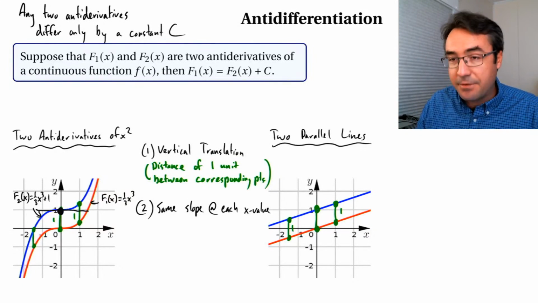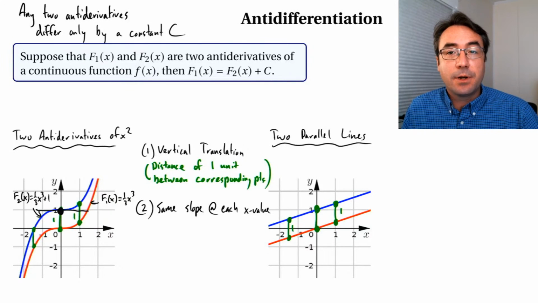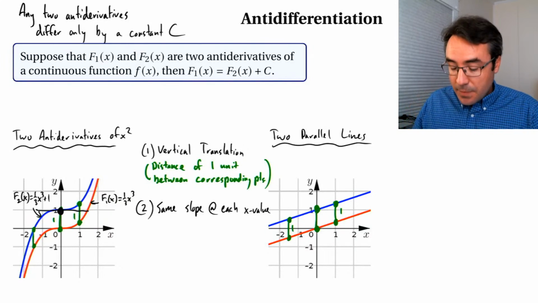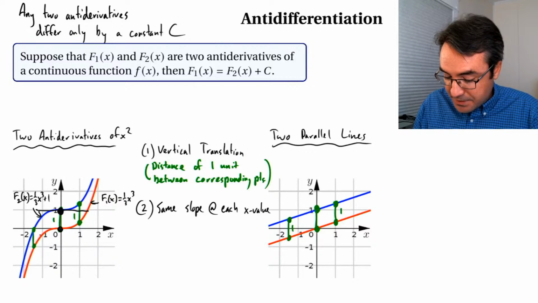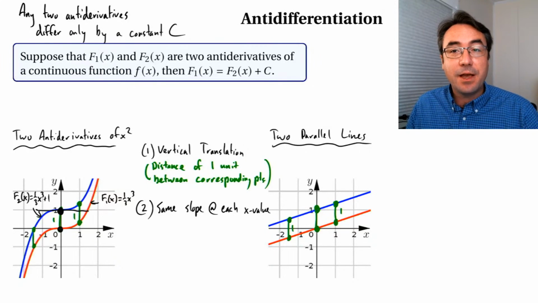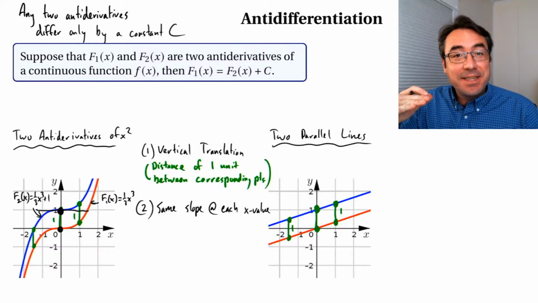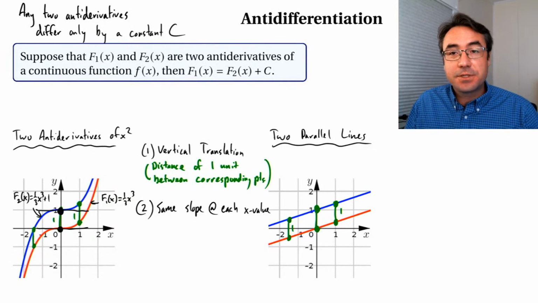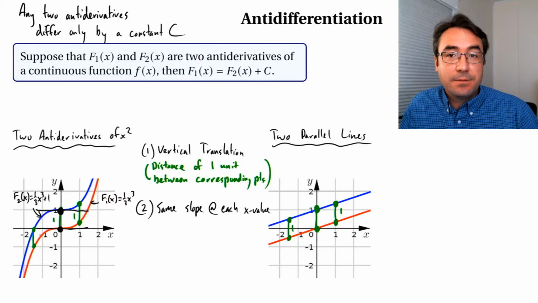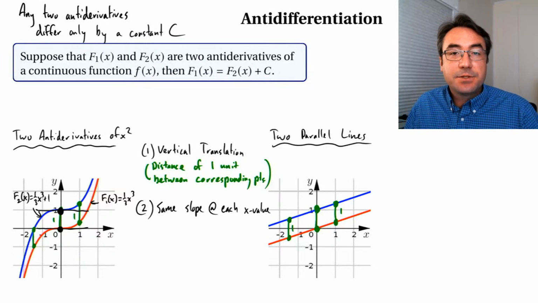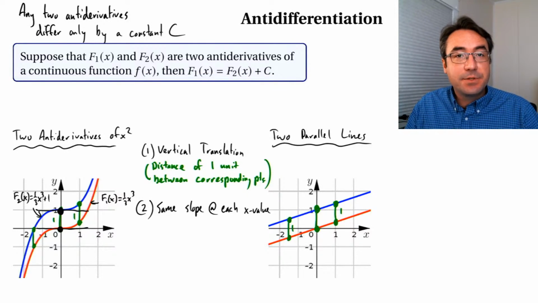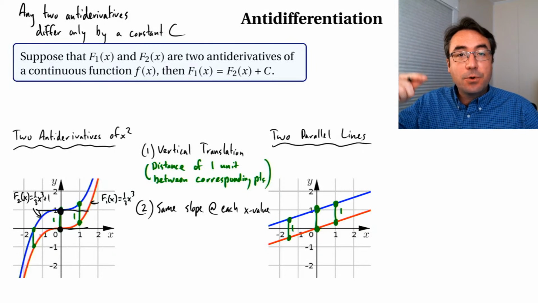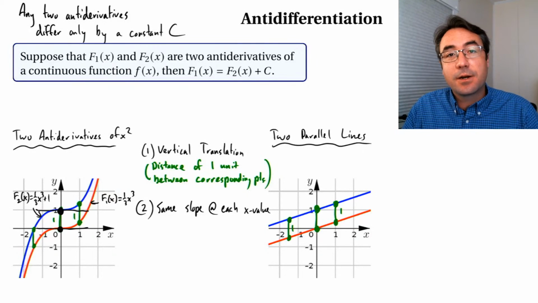So it looks like I have a slope of 0. And if I were to pick that same corresponding point on the other graph, it flattens out at the exact same place. So it looks like we'd have a slope of 0 there as well. And so for those two antiderivatives of x squared, any two corresponding points are going to have the same slope.